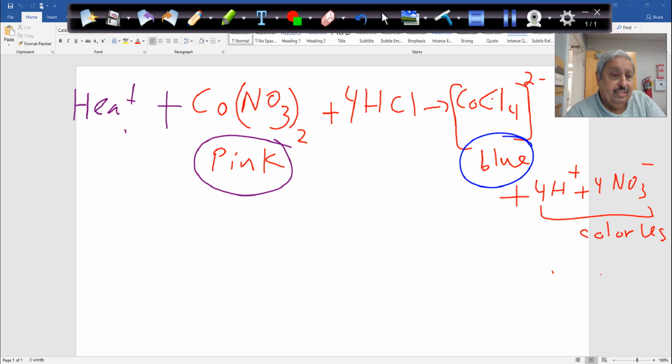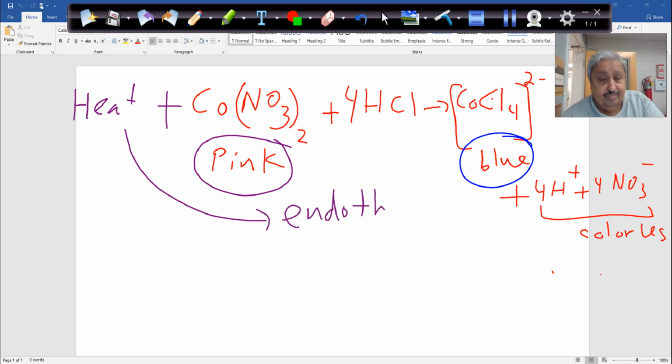So this reaction is endothermic. Now the question is, what will happen if you add heat? That's extra heat from an external source, not the heat within the system itself, but from outside.